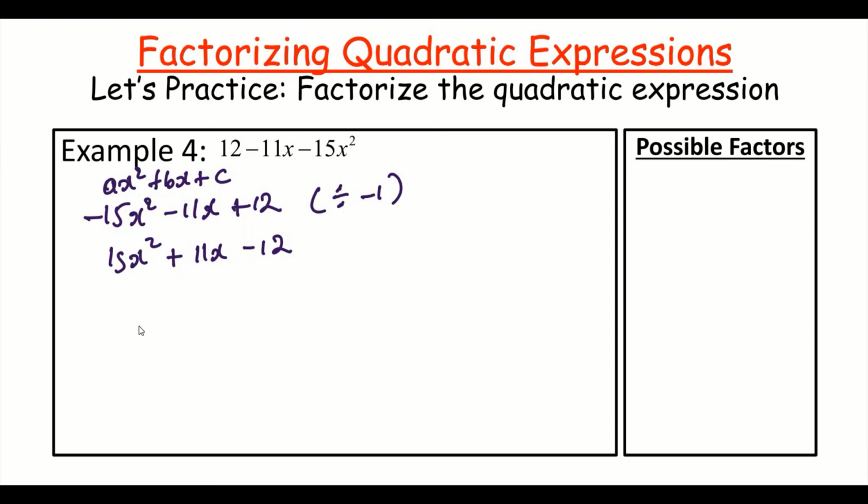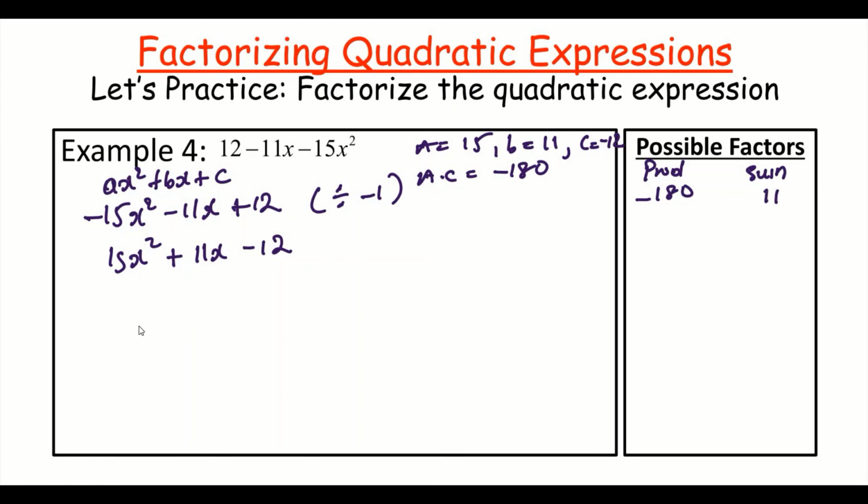Now our a value is 15, b is 11, and c is negative 12. So a times c gives us negative 180. We're looking for two numbers where the product is negative 180 and the sum is positive 11.